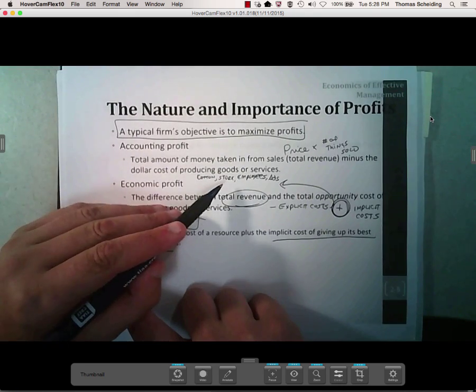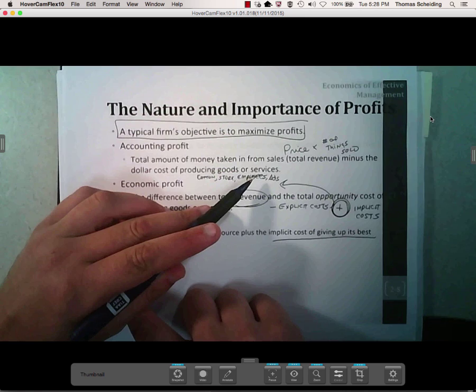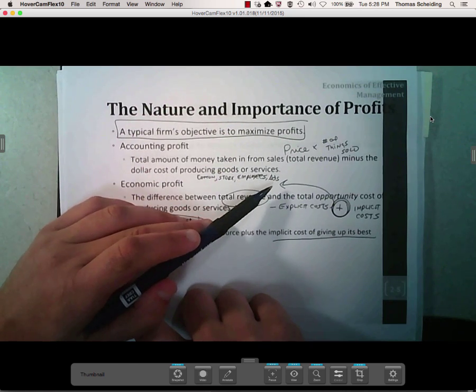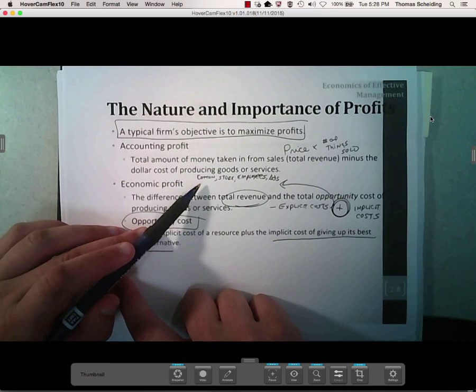What that store could have been used for instead. What my workers could have been doing instead. What that ad space could have been used for alternatively. What that cotton could have been used for alternatively. What could I have been making instead of shirts, right?